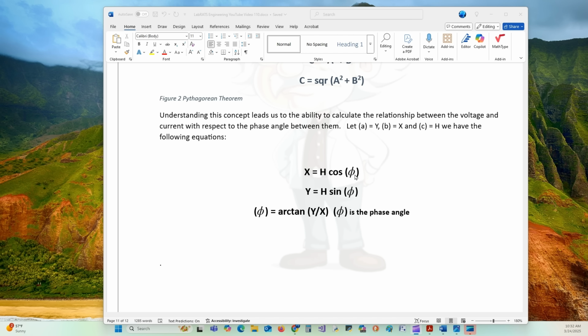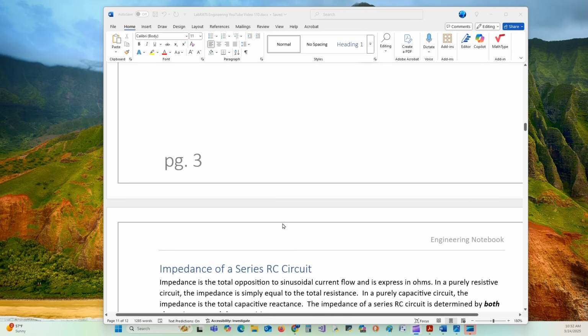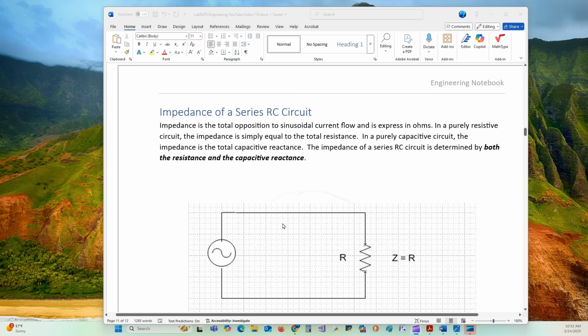H times the cosine of the angle equals the phasor vector value of the x component. Y equals the hypotenuse times the sine of the angle theta, and then there's your y phasor component. Now, if you know these two components, you can take the arc tangent of y over x, giving you the phase angle between the two vectors.